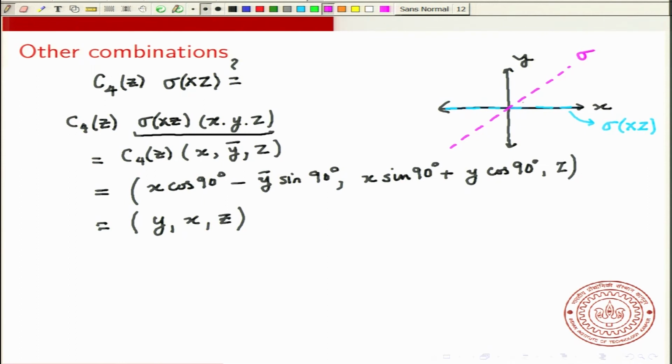If you have an arbitrary point and reflect it about this mirror, you can see that the x and y coordinates will get swapped.